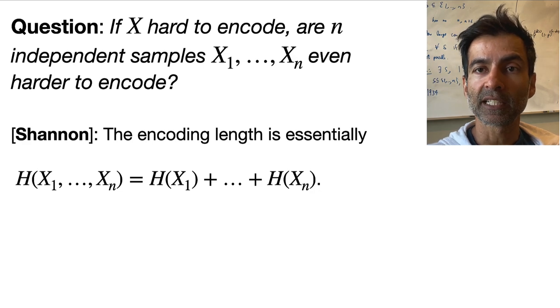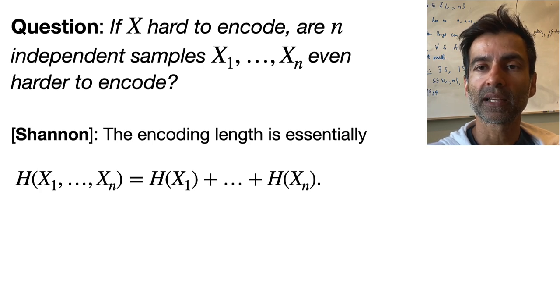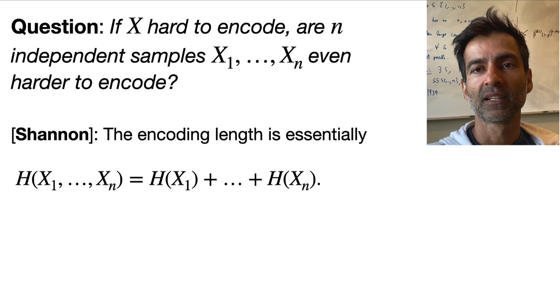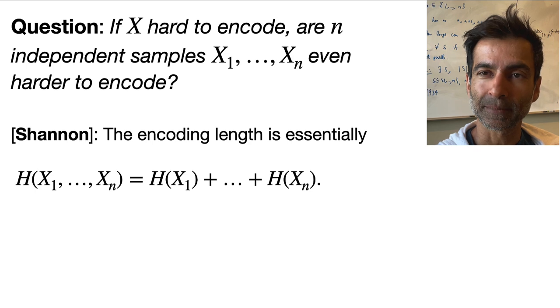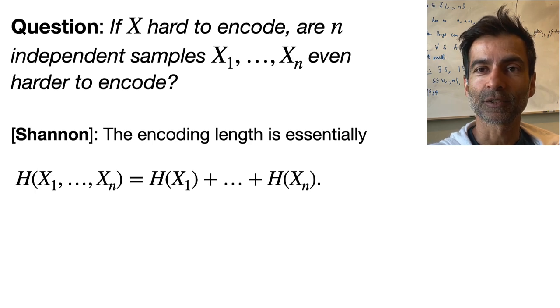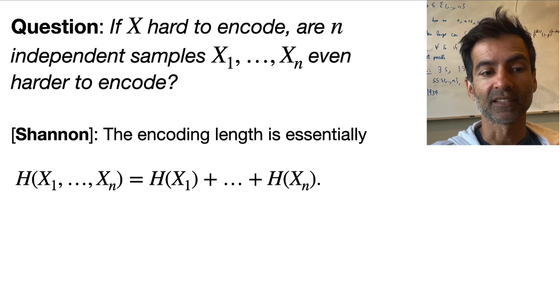And if the n copies are independent, then the entropy adds. So there's no clever way to compress n independent samples from a distribution, at least in terms of the expected length of the messages you send. So that's a setting where we understand this kind of question.